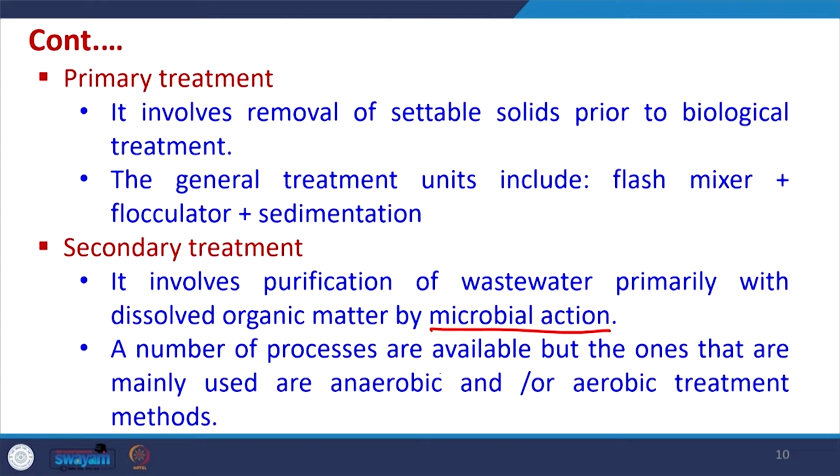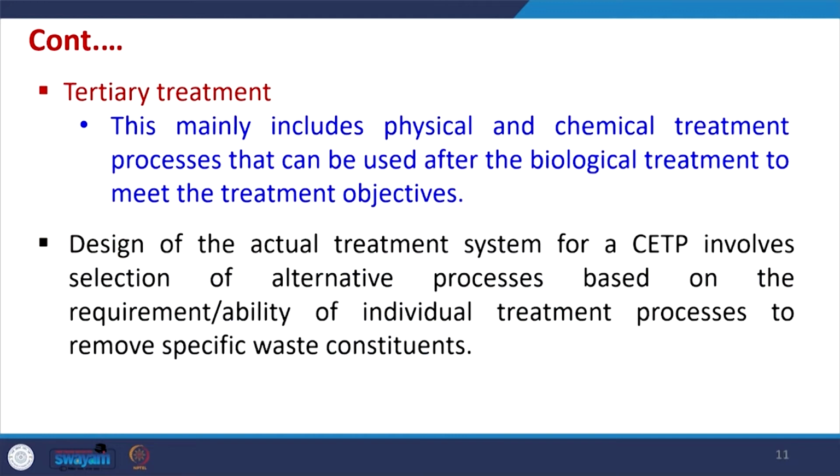The number of processes are available, but the ones that are mainly used are anaerobic or aerobic. So, any of these strategies or a combination of them may be used for secondary treatment. Now, the tertiary treatment that we have studied in detail mainly includes physico-chemical treatment of wastewater after the biological treatment, and it is done so as to meet the treatment objectives and the discharge standards.